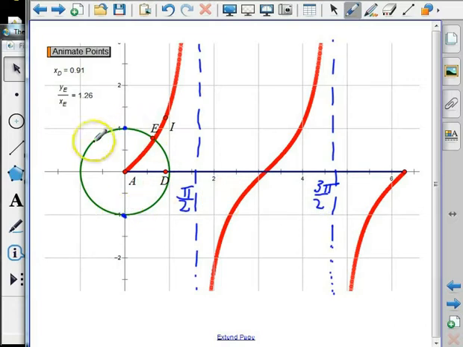As a matter of fact, if we kept going around the circle and kept plotting tangent, we would have vertical asymptotes at every odd multiple of pi over 2. Negative pi over 2, pi over 2, 3 pi over 2, 5 pi over 2, and so on and so on.